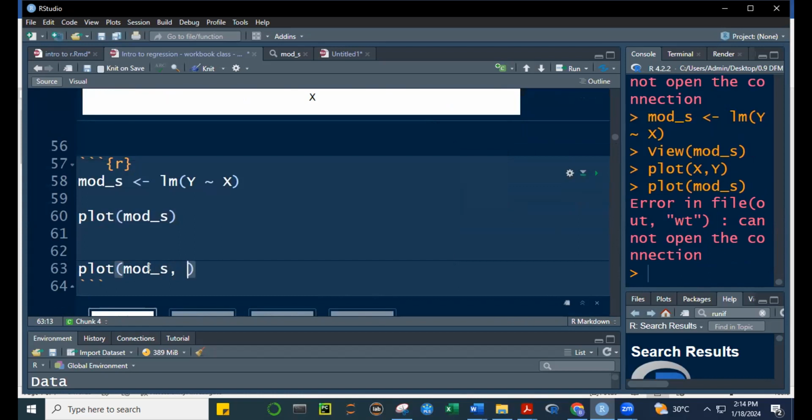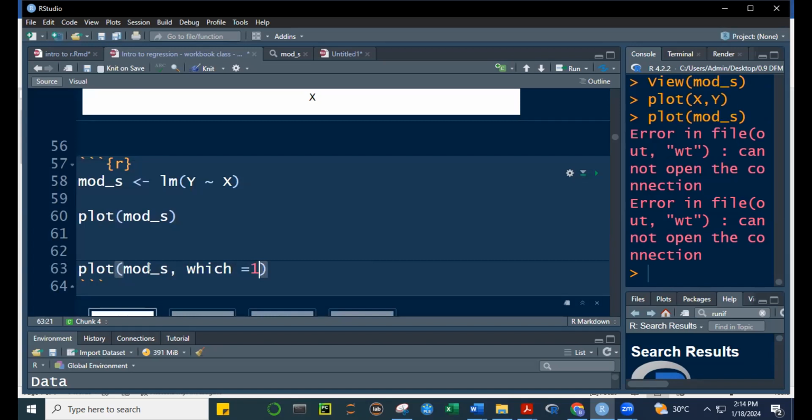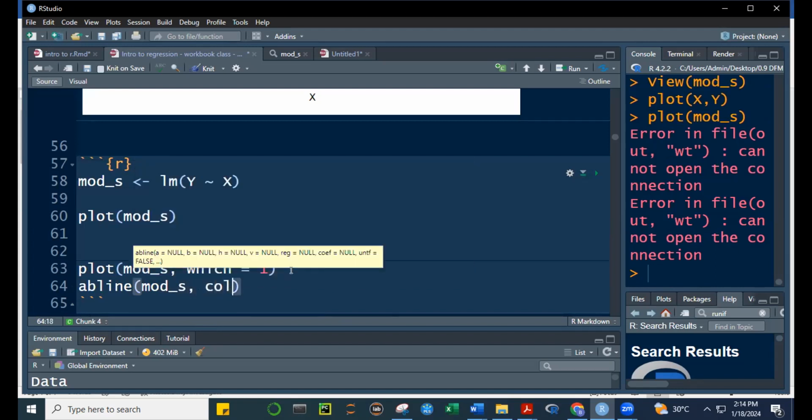And then, kasi 5 yan eh, I'll just choose which is equal to 1. Yung first one, the one that yung residuals versus fitted. And then I'm going to include a line, AB line, okay? Sasama ko sa AB line, class, sa mod S, and I'll color it red.